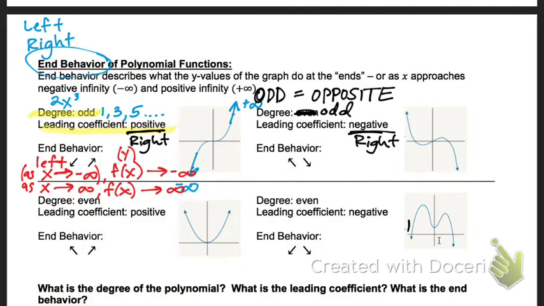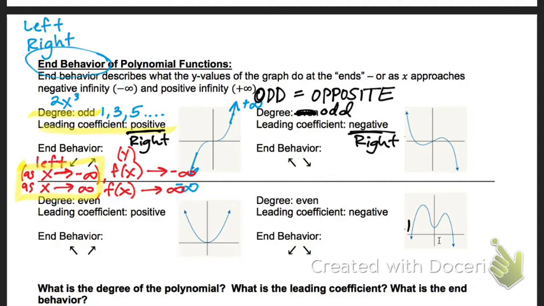So try to write end behavior statements for the odd negative end behavior. These two will always be the same: as x goes to negative infinity, as x goes to positive infinity. Those don't change. This is all for this graph right here.